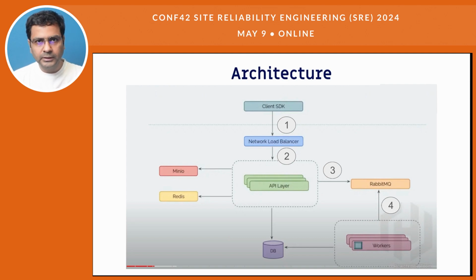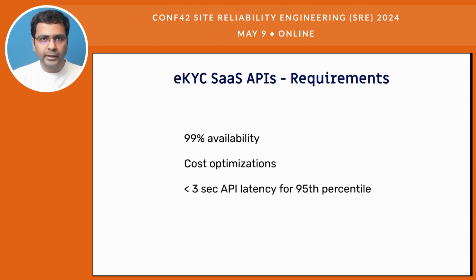They would do the processing and update the results in the database. Maybe they would even save the results in a cache like Redis, which we had. The images themselves can be stored in a distributed file store, could be MinIO, could be S3, things like that. Essentially, these workers would perform the bulk of the task, and then the API would return the results to the user, right? So this is the kind of architecture we had.